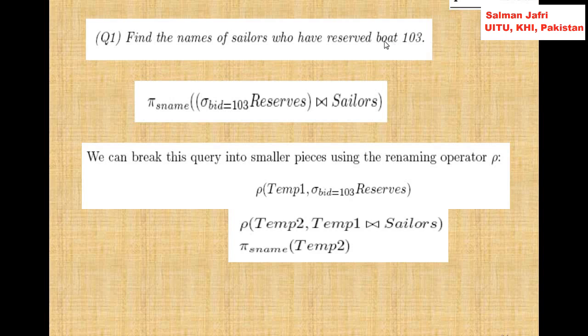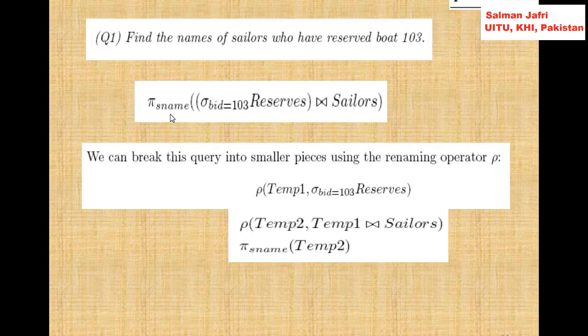We can first find the SIDs of the sailors who have reserved boat 103. So we first execute selection where BID equals 103 from reserves, which returns a set of tuples. We then have the natural join with sailors, and from the answer we project only the sailor name.